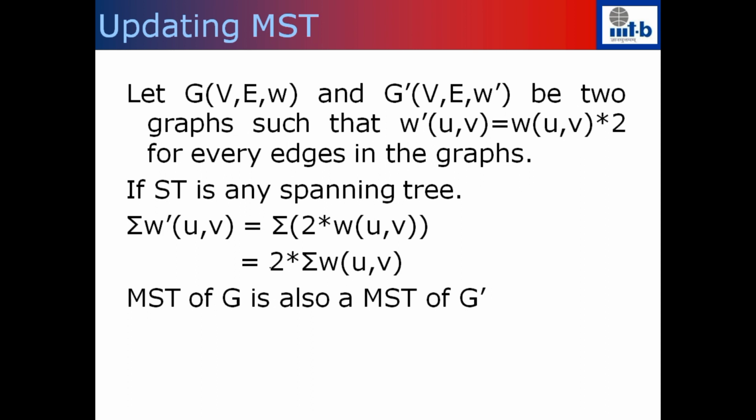If you have a graph G, and G dash is another graph where W dash, the weight of every edge, is twice the weight in the original graph, then the shortest paths in the original graph will continue to be the shortest paths in the new graph. So as long as you multiply with a constant which is greater than 0, the graphs will preserve the shortest paths as well as the minimum spanning tree and maximum spanning tree.